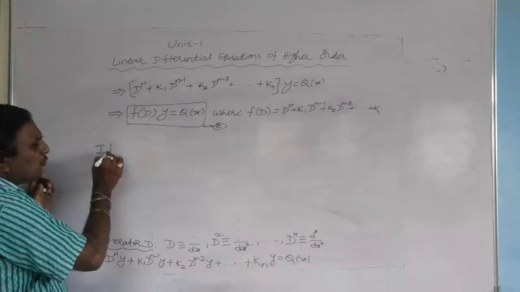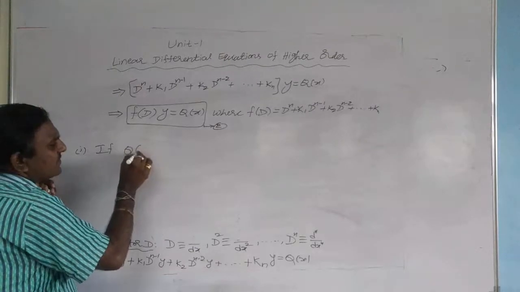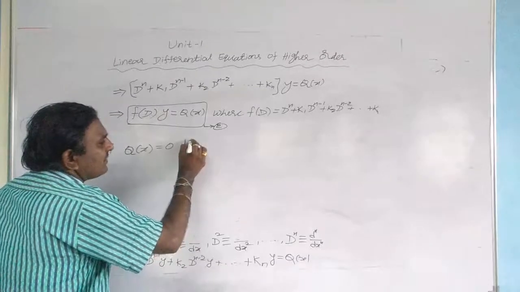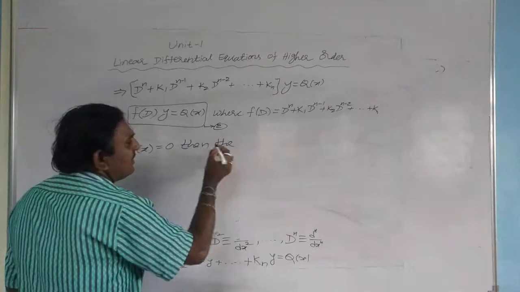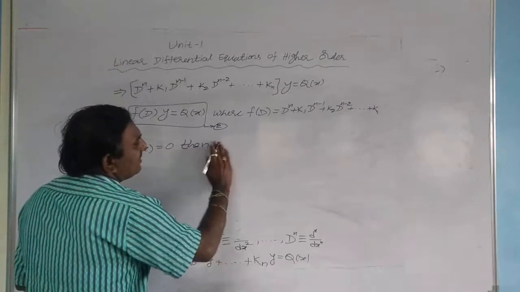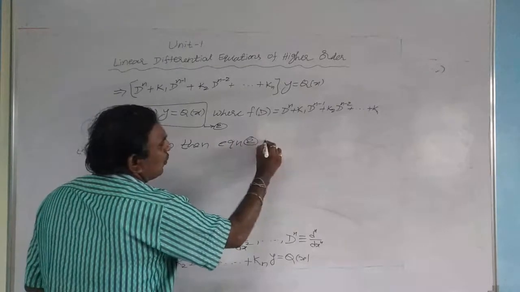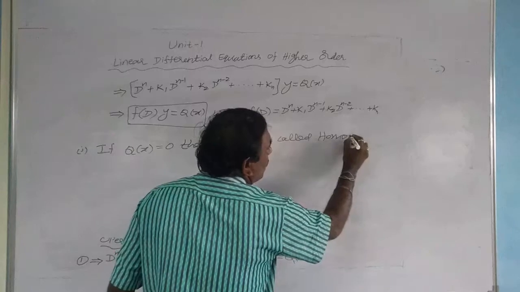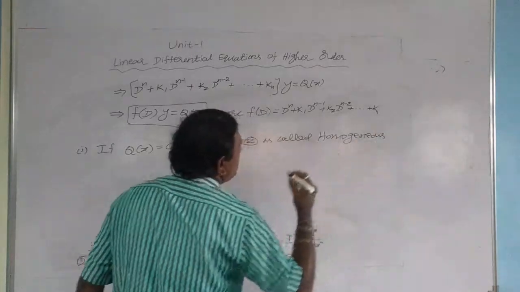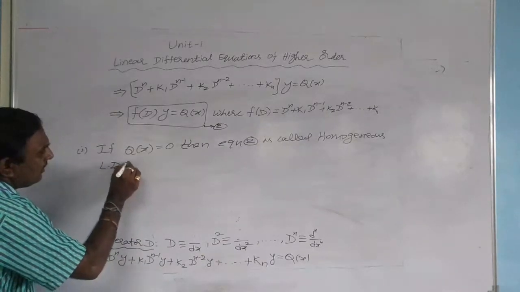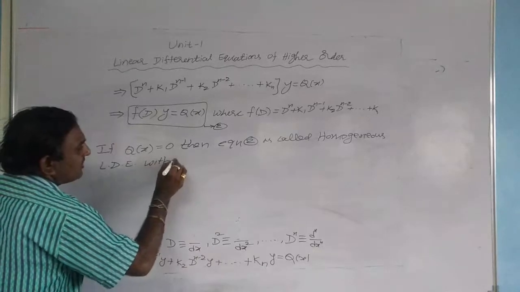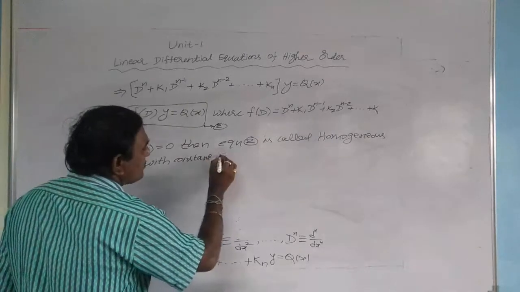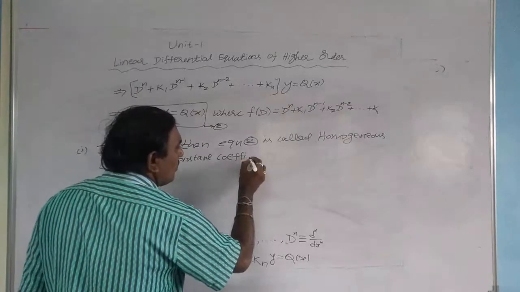Here we have two points. The first point is, if Q of x is equal to 0, then this linear differential equation, equation 2, is called a homogeneous linear differential equation with constant coefficients.